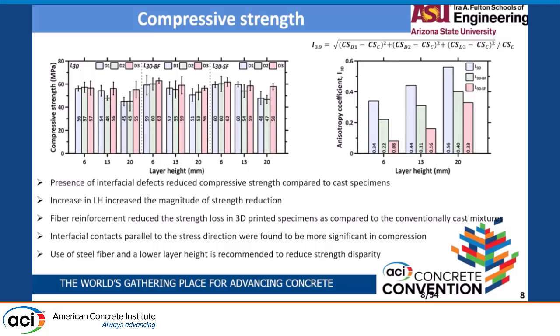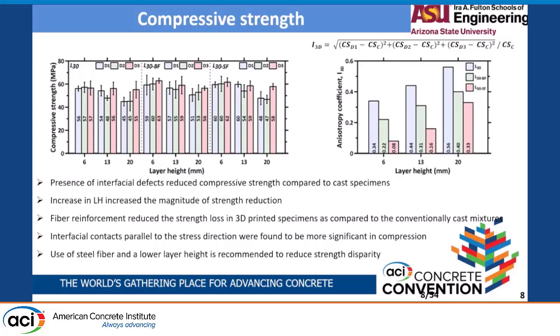Because we used a layer height smaller than or equal to the nozzle diameter, we expect all the interlayers to have some transverse pressure applied during the layering, due to which the interlayer interfaces do not degrade much as we increase the layer height. So in the D3 direction, we get similar strength.